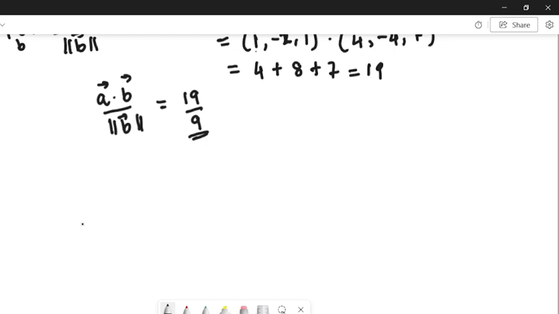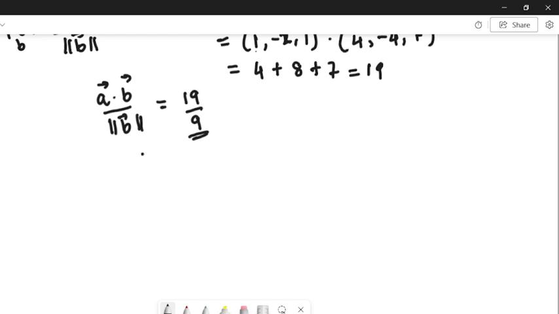We have the directional cosine. I'm going to give the formula, or let's use a problem to show it.